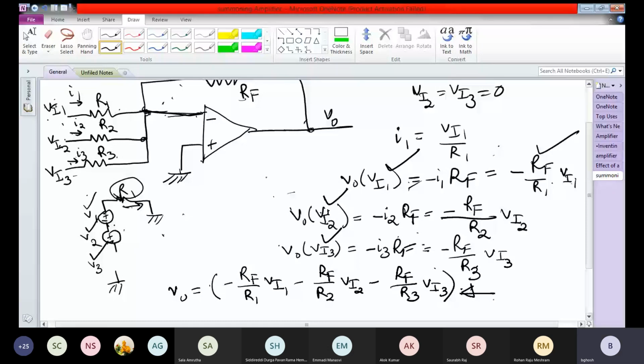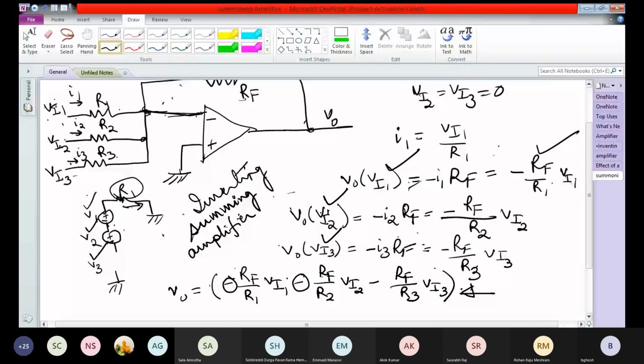So this is called an inverting summing amplifier, because of this minus sign, which we can take common.